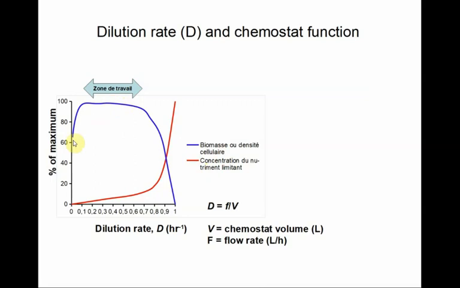So if it's too low, in fact, the bacteria don't grow very well because there's some limiting nutrient, okay? They've used it all up. So that's why if you've got a very low dilution rate, you're not running the thing under optimal conditions. However, if your dilution rate becomes too high, it's not the nutrients that are limiting, you'll be washing out too many bacteria.